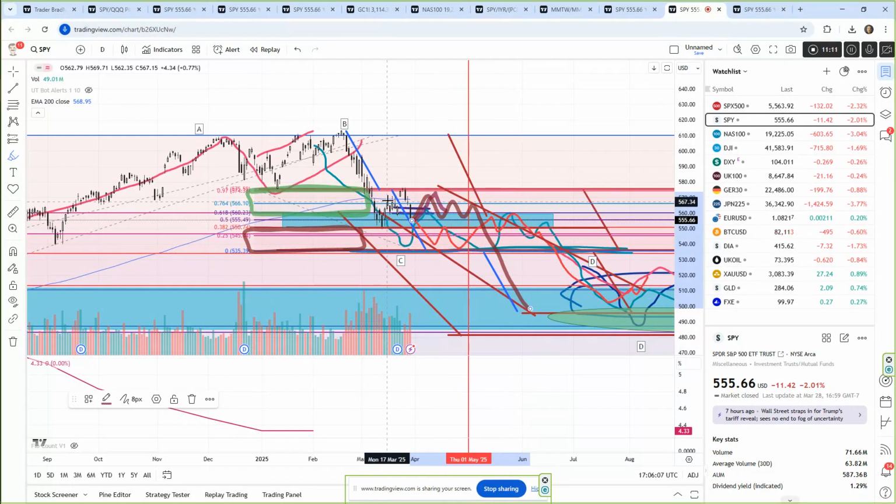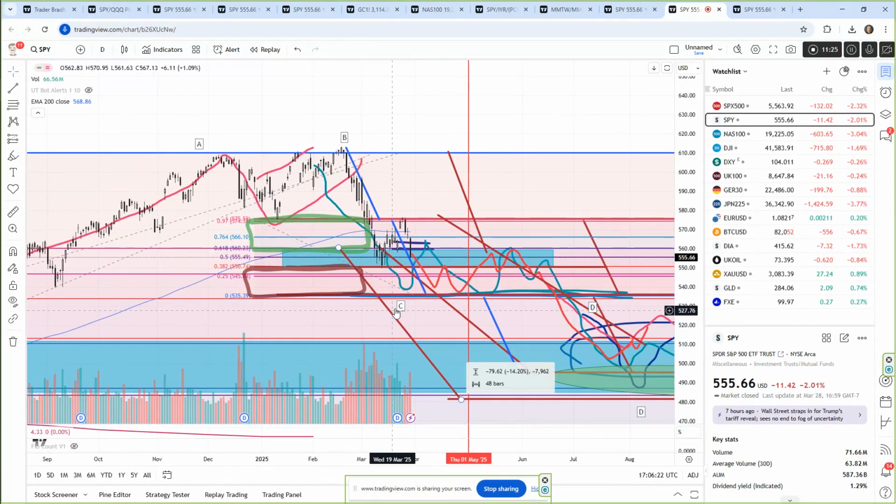So where we're looking for the consolidation low, and again, I want you to understand, get rid of this. Given my interpretation, I think the consolidation low is going to target down off this 535 level.